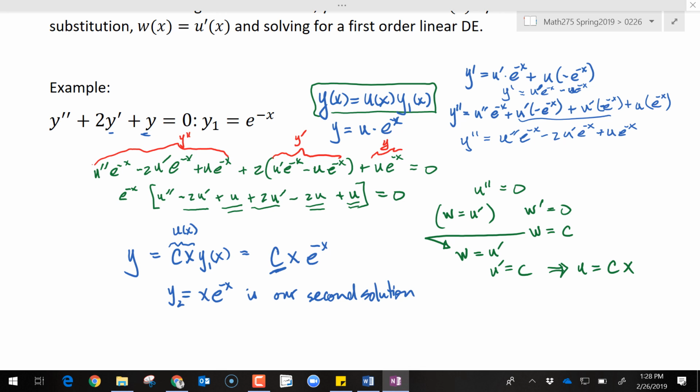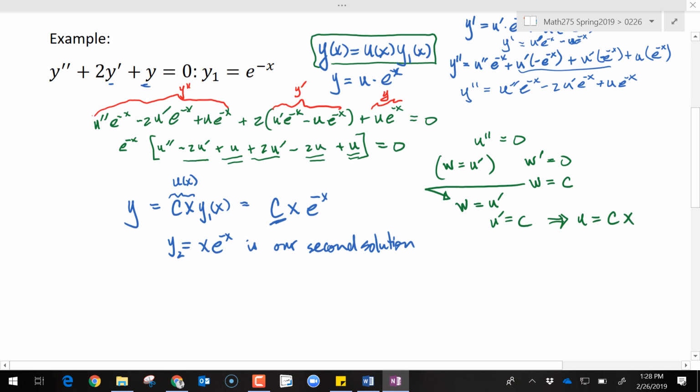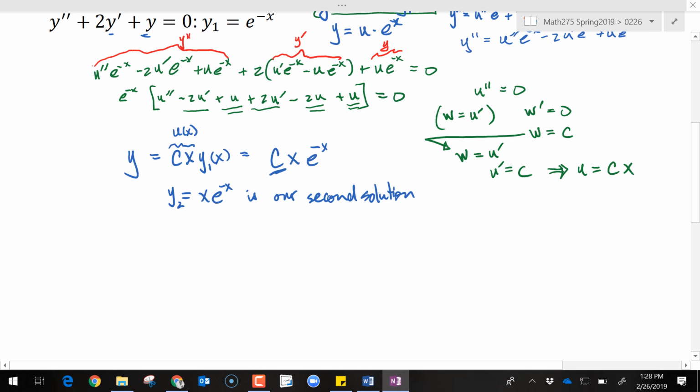Now, the first time we see this, we should not believe it, and we should actually check that this is, in fact, the solution. So let's check that this is a solution to the differential equation as they claim.